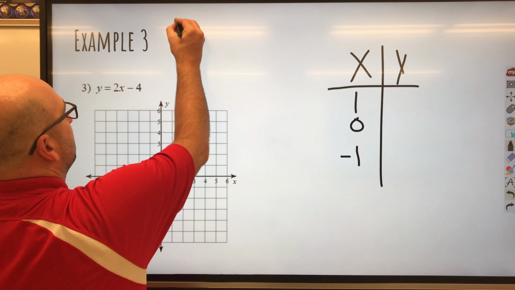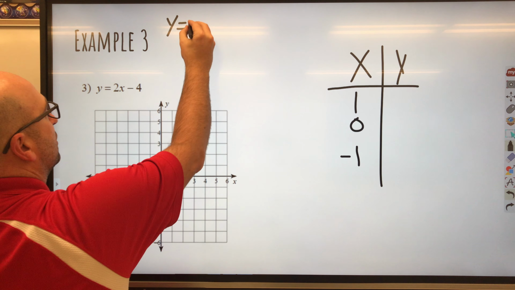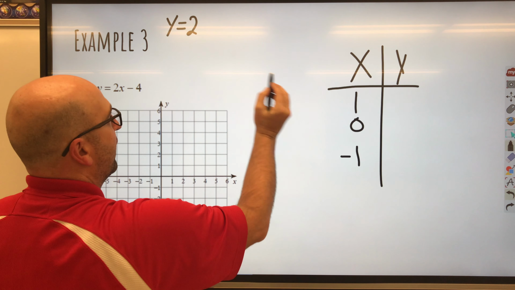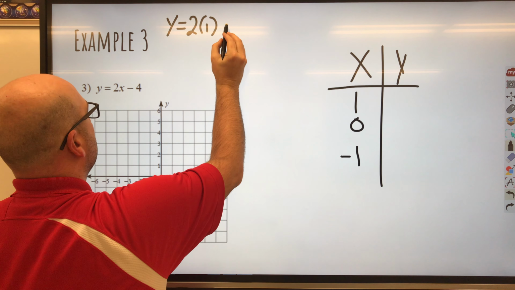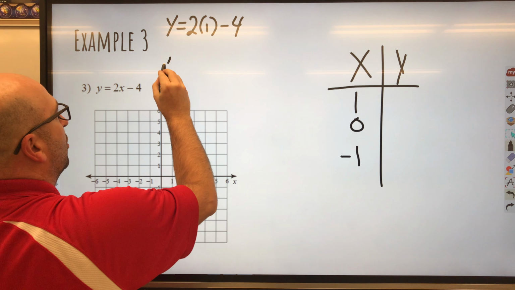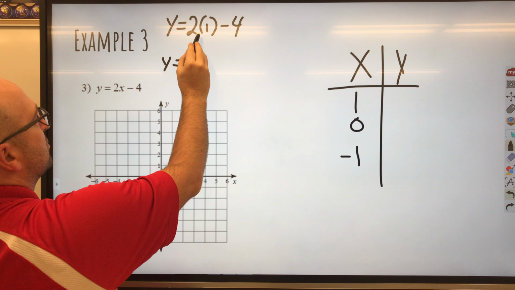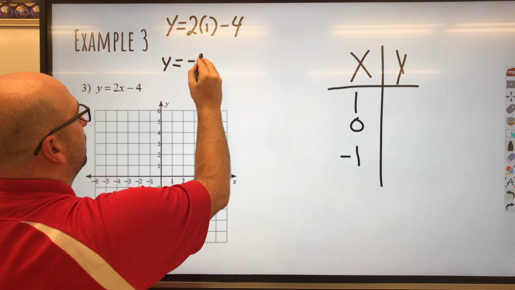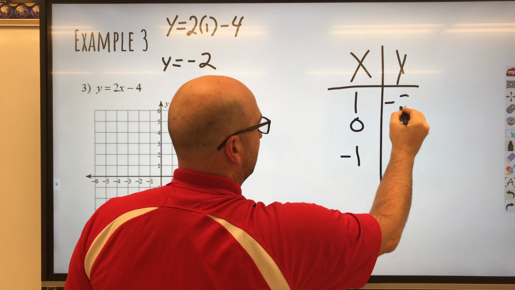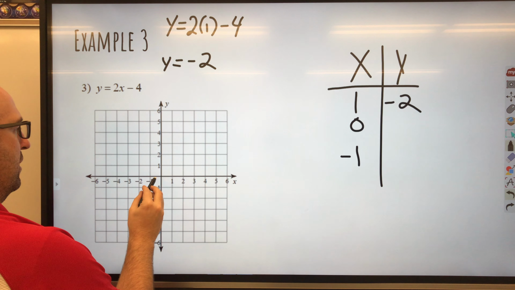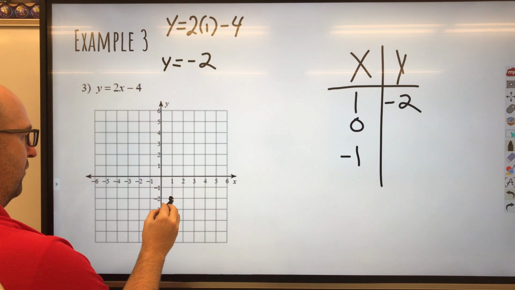So first one, y equals 2x minus 4. So instead of x, I'm multiplying that by the 1, minus 4. 2 times 1 is 2. 2 minus 4 is -2. So 1, -2.